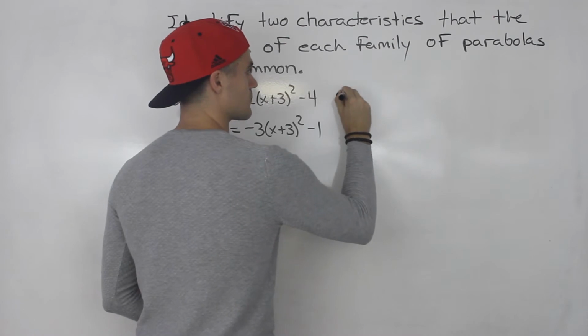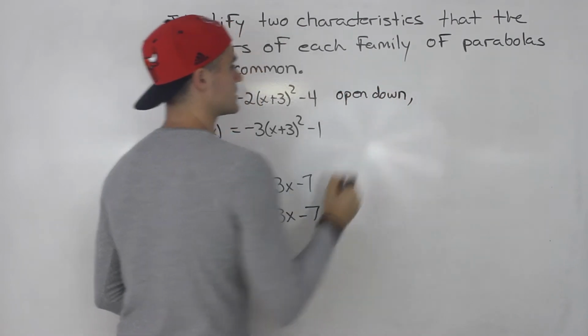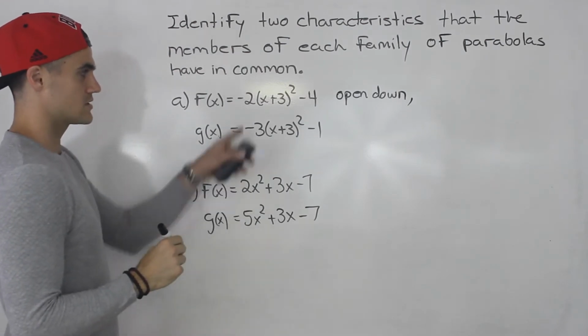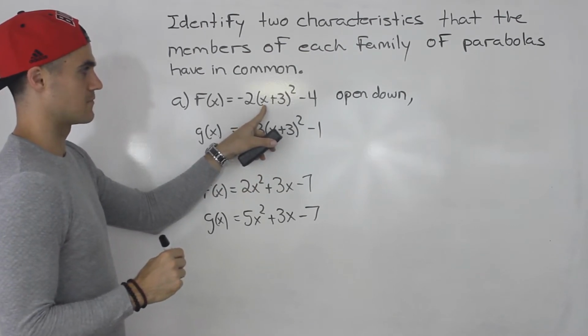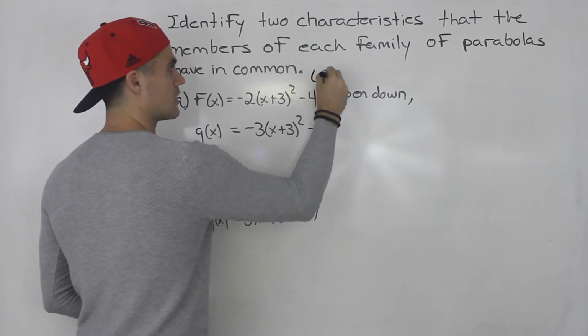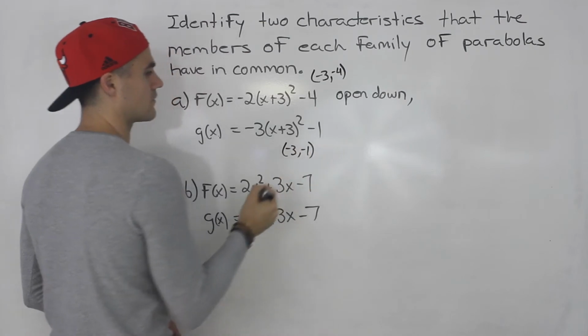So that is a characteristic that is in common between these two. Also notice they're both given in vertex form, and the x value of the vertex is the same for both. The vertex for this one is (negative 3, negative 4), and for this one it's (negative 3, negative 1).